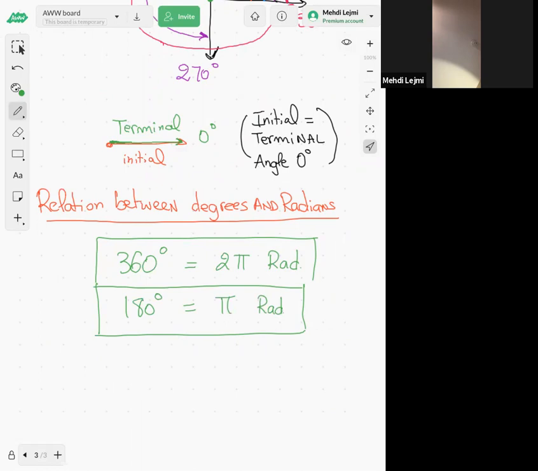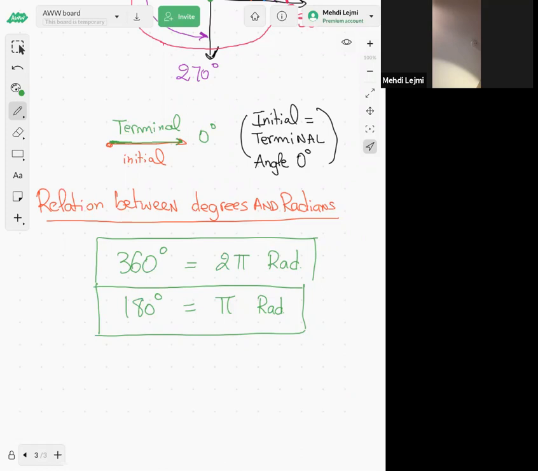This number pi is a very special number, 3.1415 something. So this is the relation between degrees and radians.